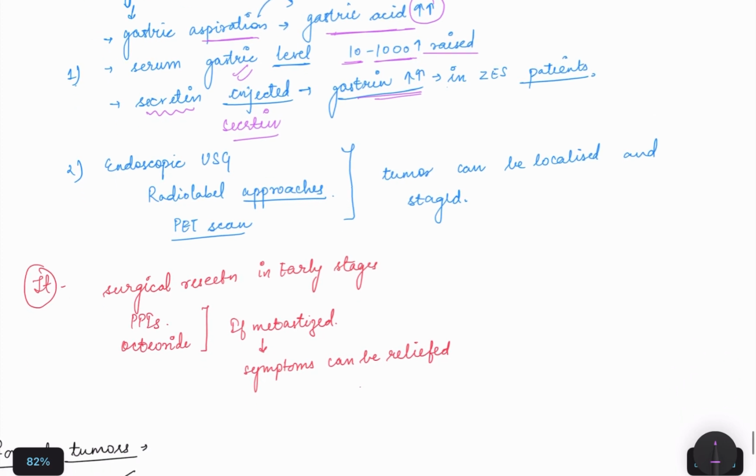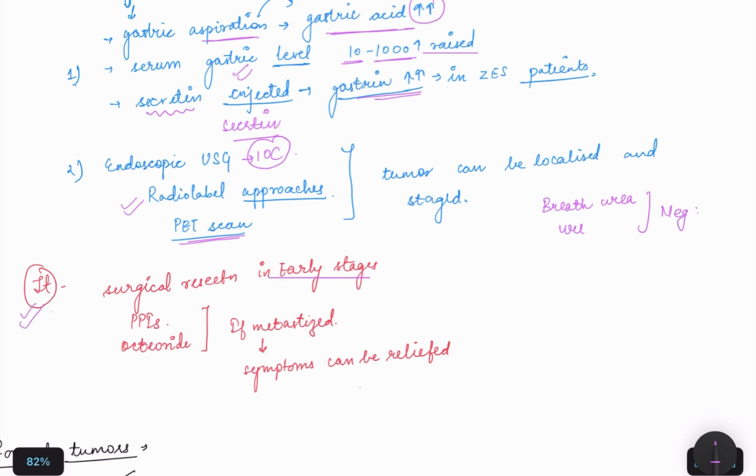We can do endoscopic ultrasound. It is an investigation of choice. We can localize and stage the tumor by endoscopic ultrasound, we can do radiolabel approaches, and we can do a PET scan. If we do the breath urea test or urease test, both will be negative in this kind of patient.